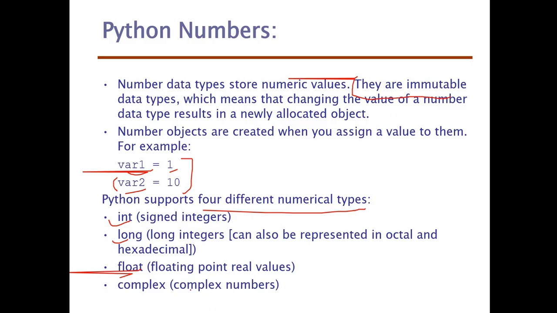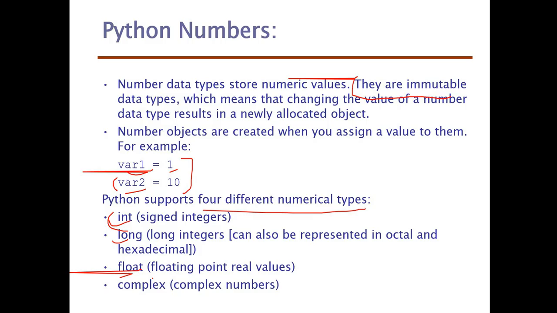If we discuss the actual classification of numerical types, first, integers: this value is represented by the int class. It contains positive or negative whole numbers, and in Python there is no limit to how long an integer value can be. Next, float.